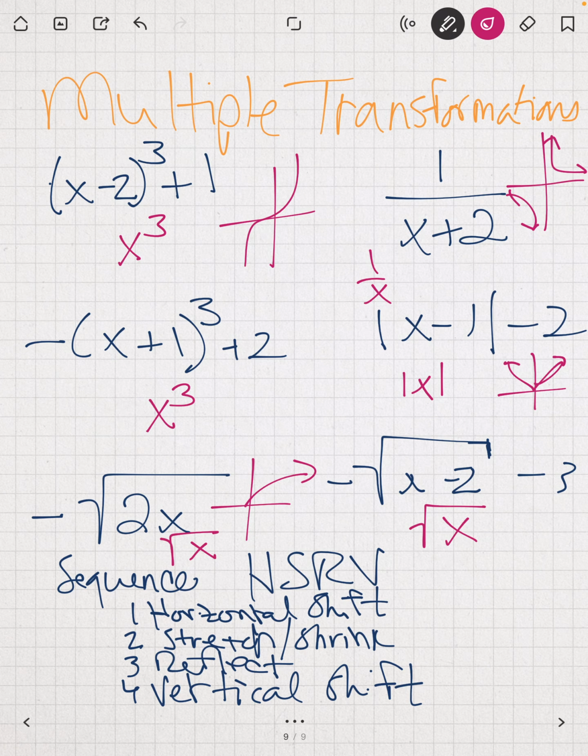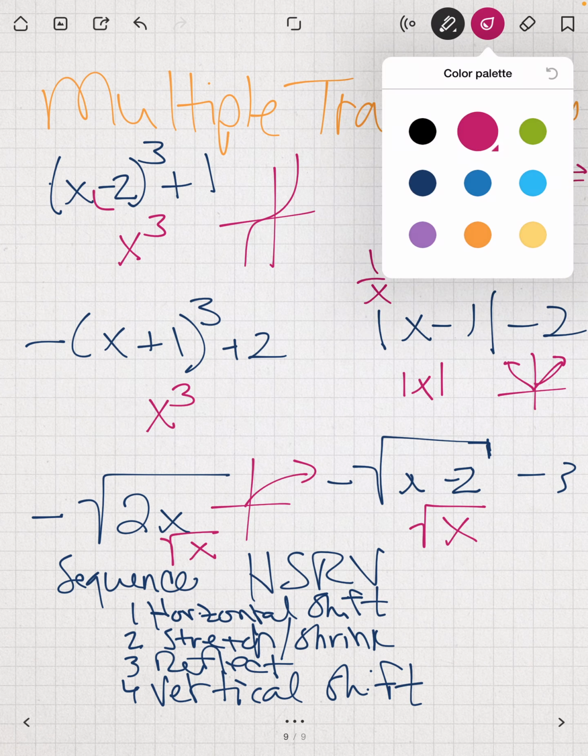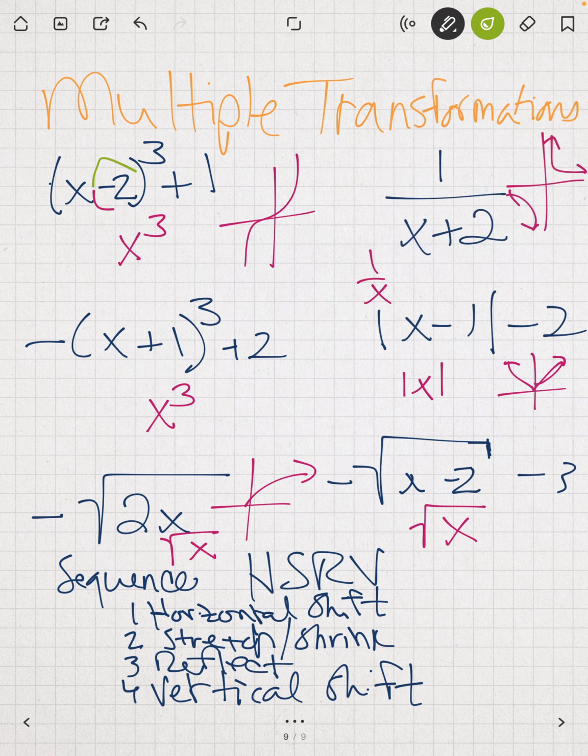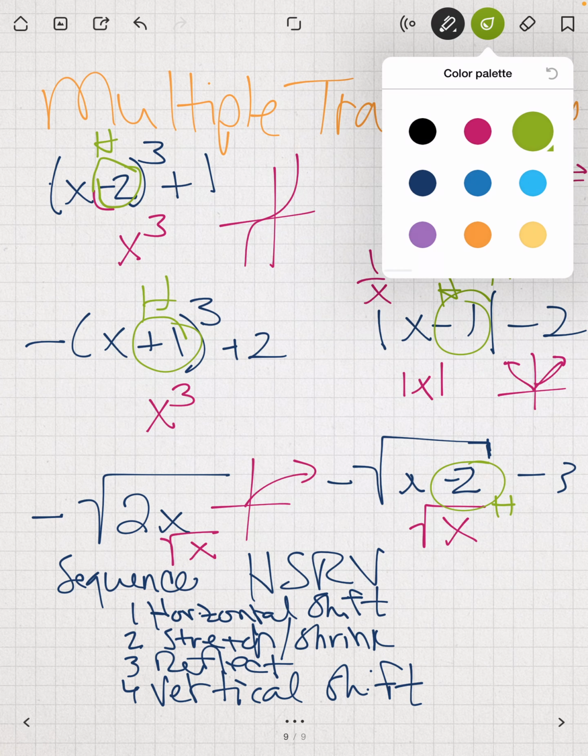And then we need to think about our horizontal shifts. Let me pick a different color. We have a horizontal shift, another horizontal shift, a horizontal shift, a horizontal shift, a horizontal shift.